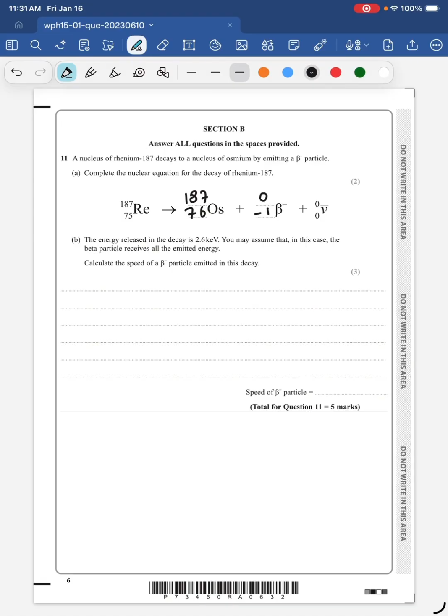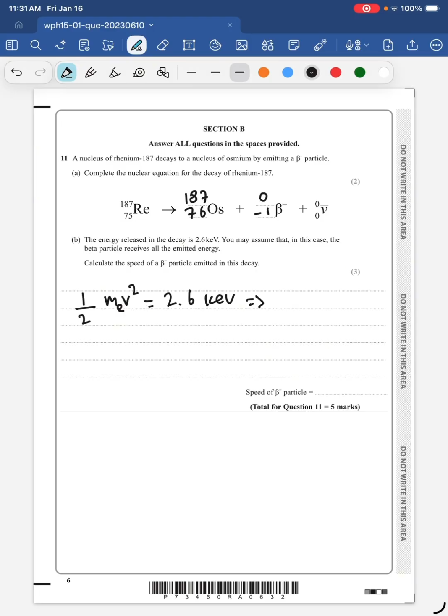Calculate the speed of a beta particle emitted in this decay. So we will just set 1/2 mv squared equal to 2.6 keV, and this is the mass of an electron.